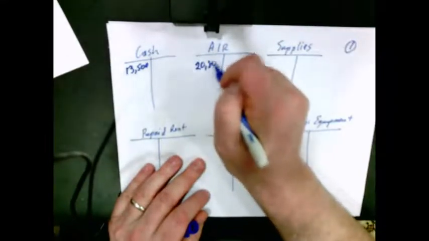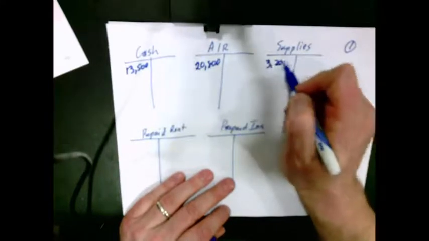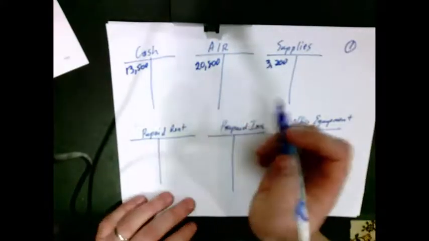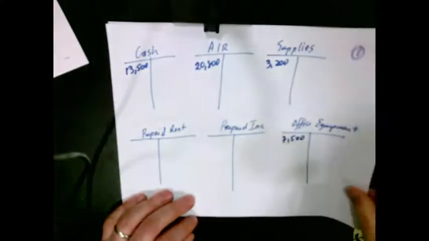Essentially, it's a debit to cash of $13,500, a debit to receivables of $20,800, supplies of $3,200, office equipment of $7,500, and the sum of these amounts goes to common stock.